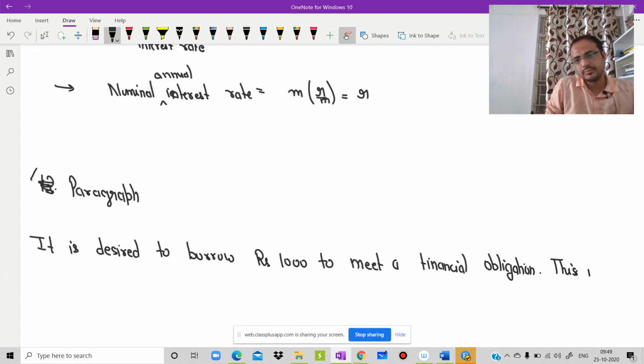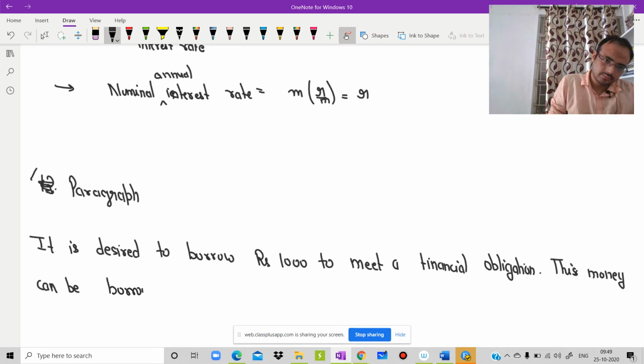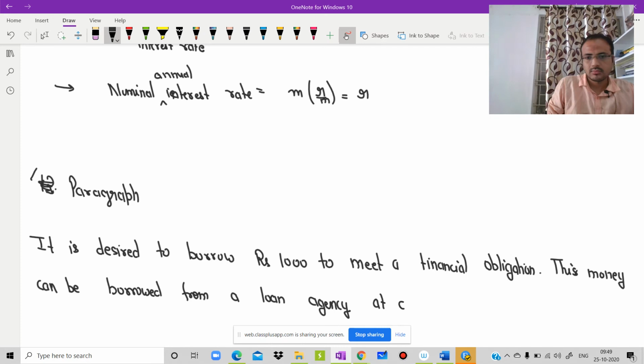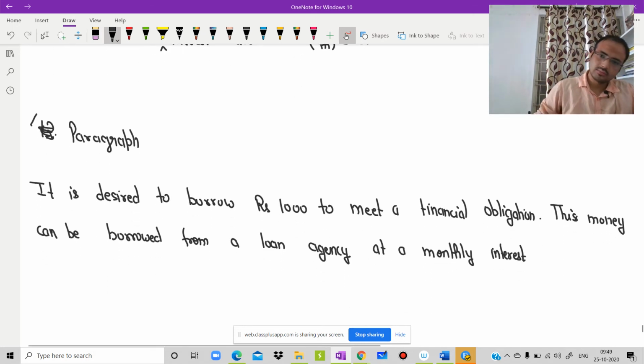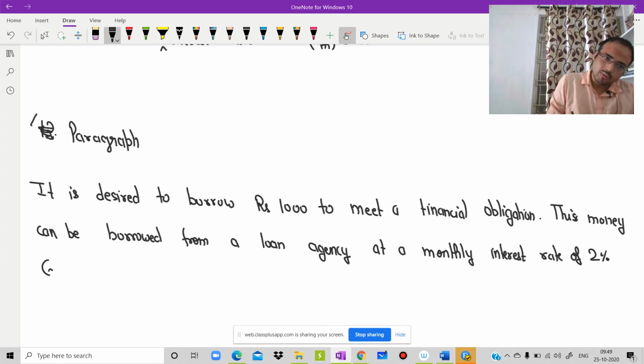And this money can be borrowed from a loan agency at a monthly interest rate of 2%. Calculate the following.